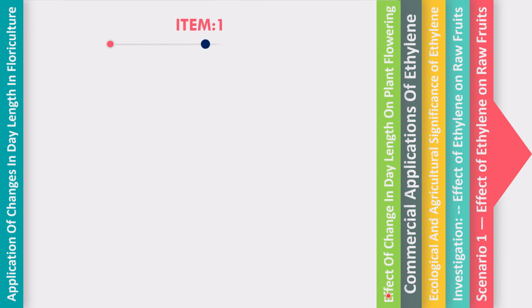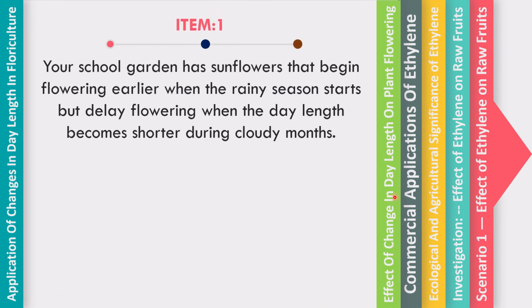Let's now look at the effect of change in day length on plant flowering. Item 1. Your school garden has flowering sunflowers that begin flowering earlier when the rain season starts, but delay flowering when the day length becomes shorter during cloudy months.